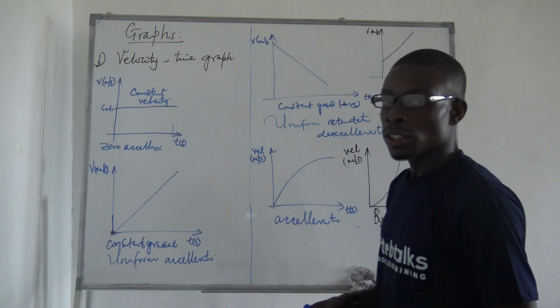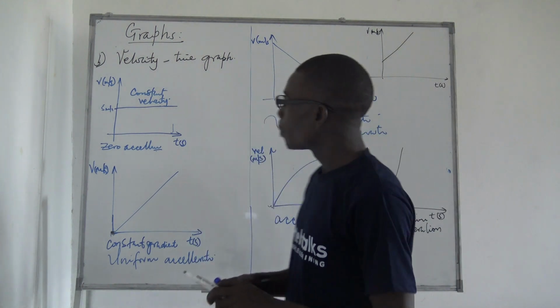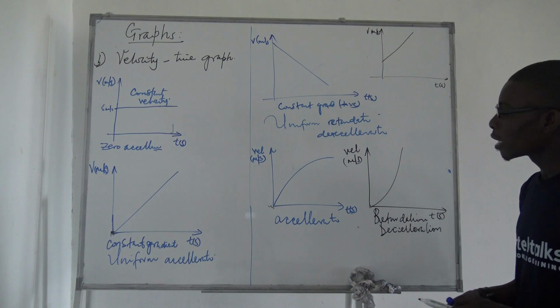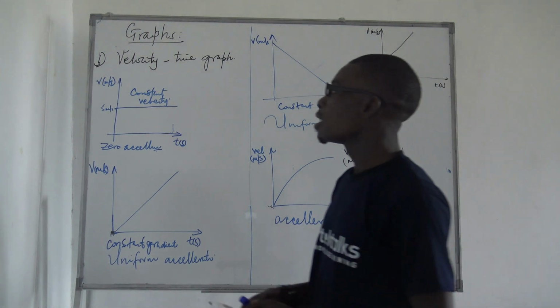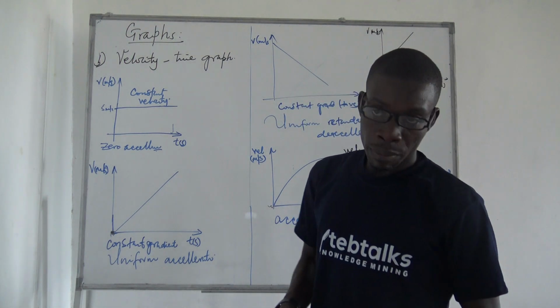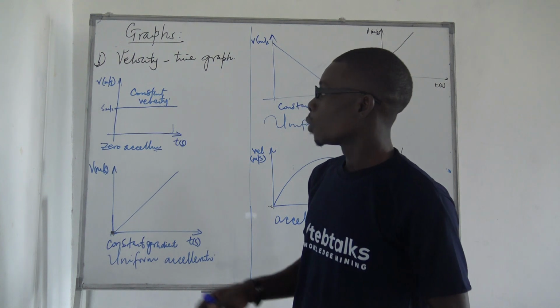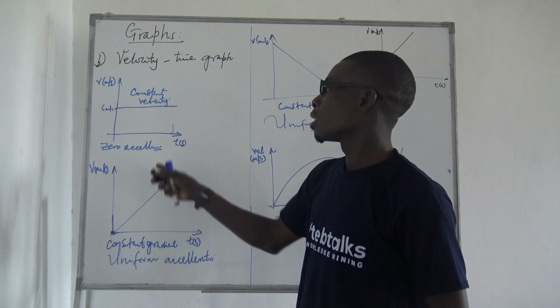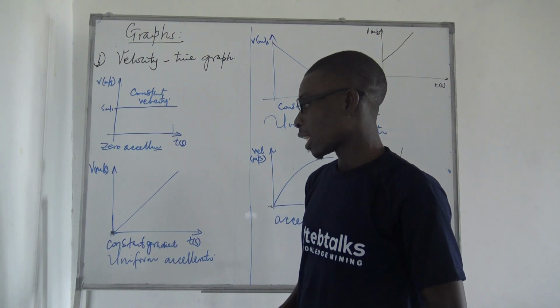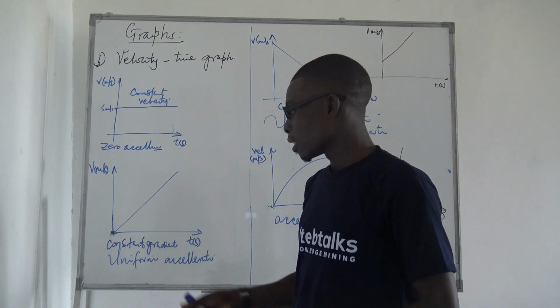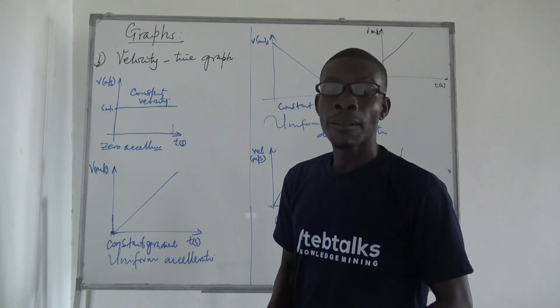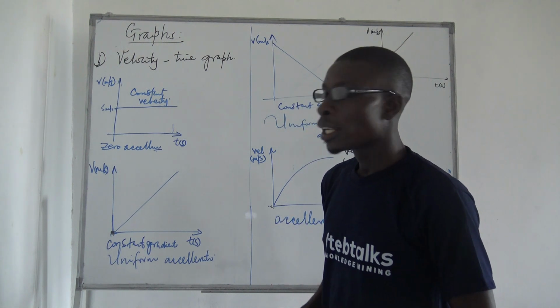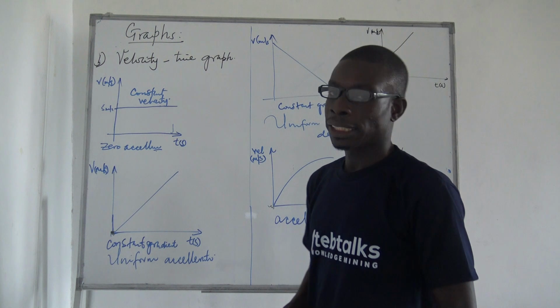Is that okay? So we should be in a position to understand all these graphs. Velocity time graph, acceleration time graph. We said if it is like that, that is the body moving with constant velocity, in other words, zero or no acceleration. If the body is moving like this, we say the body is uniformly accelerating.